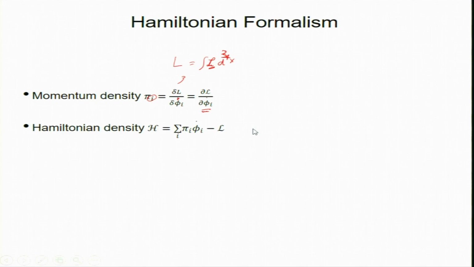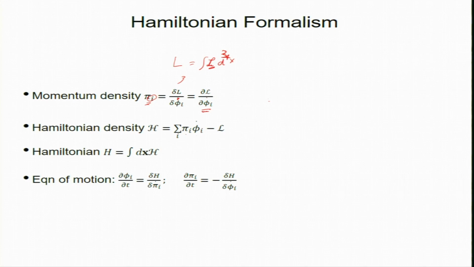This is the definition: the Hamiltonian density is pi I phi I dot minus L, very similar to what we do for particles, pi x dot minus L. We define the total Hamiltonian as the integral over space. Now, the equations of motion.